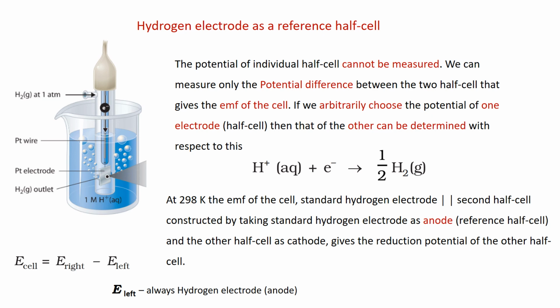Why? Take an example. If the meter shows 10 volt, the 10 volt can be achieved by many standard electrode potentials. For example, 14 volt minus 4 volt is also 10 volt. 13 volt minus 3 volt is also 10 volt. 12 volt minus 2 volt is also 10 volt. 8 volt minus minus 2 volt is also 10 volt.